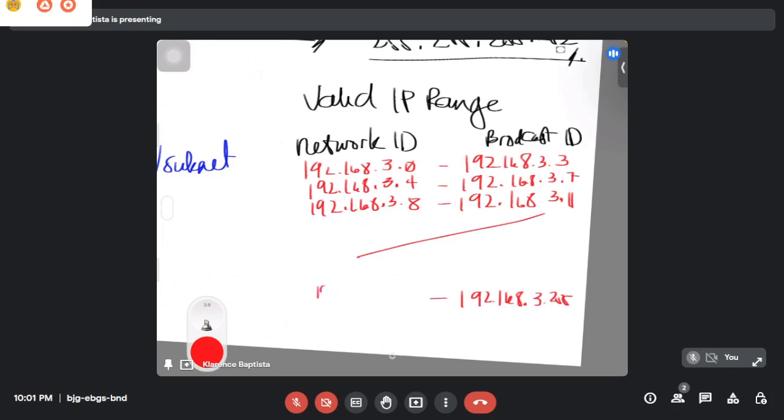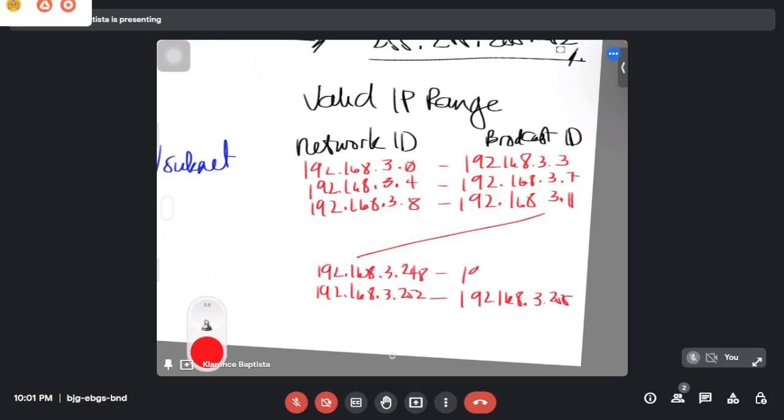So we have 192.168.3.252. Okay. So we have, taas nito, 192.168.3. Minus yung 252 minus 4 is 248.